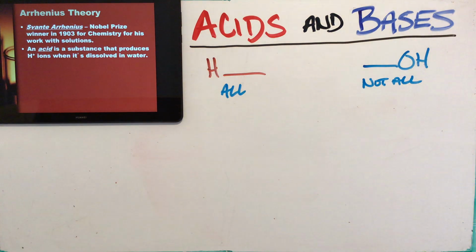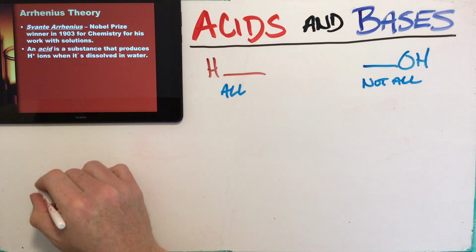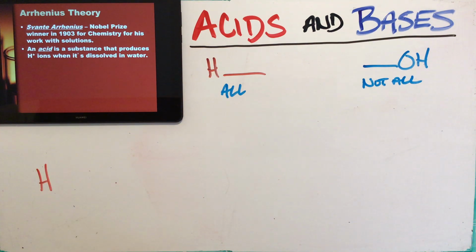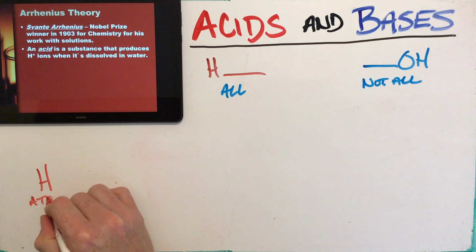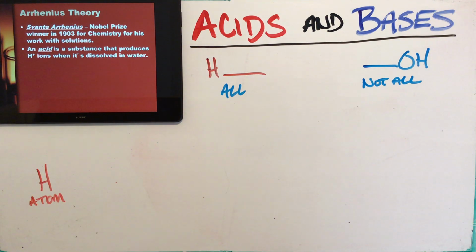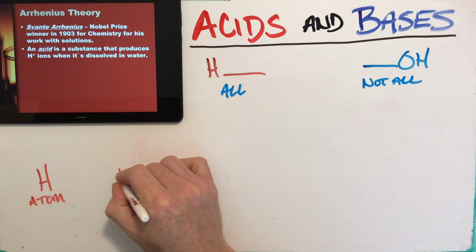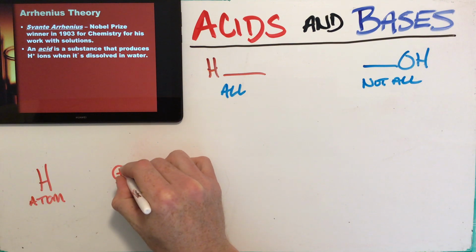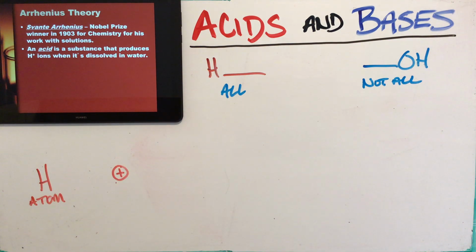Now, if we look at a hydrogen, because H plus, H is hydrogen. If I look at a hydrogen atom, what is it? Well, its atomic number is 1, which means there's a proton. Its atomic mass is also 1, so the only thing in the nucleus is that proton.